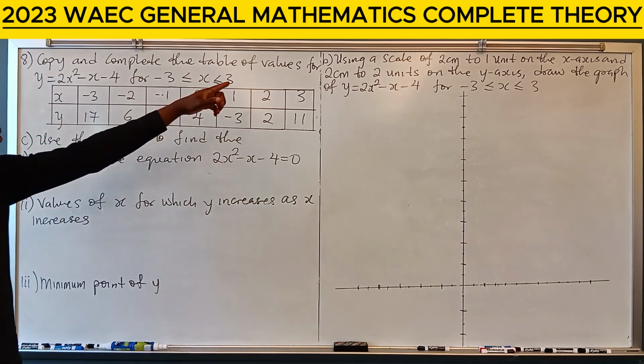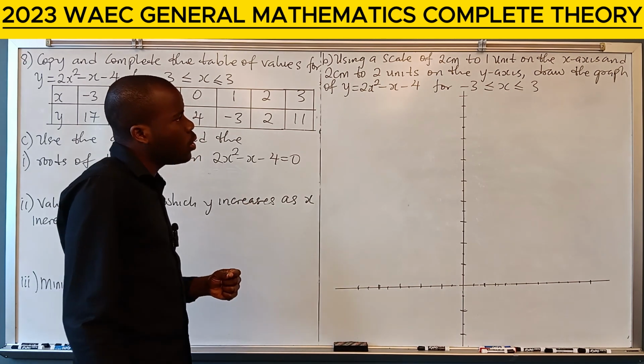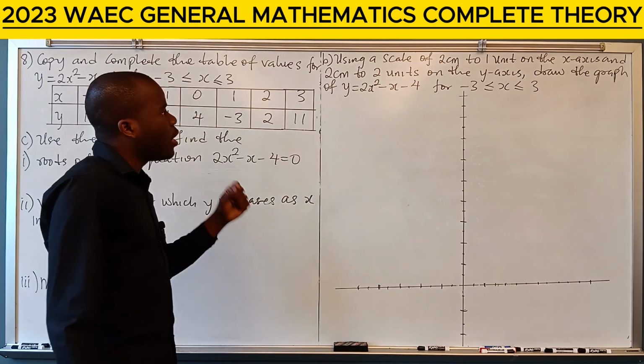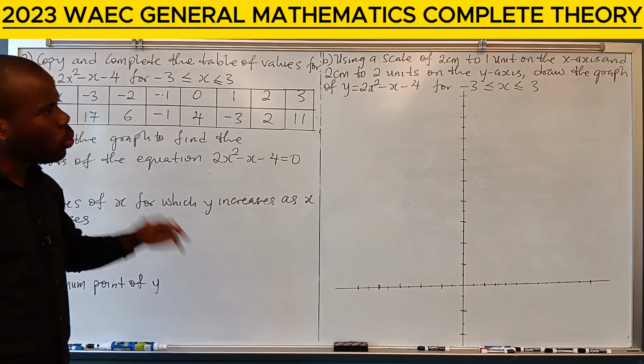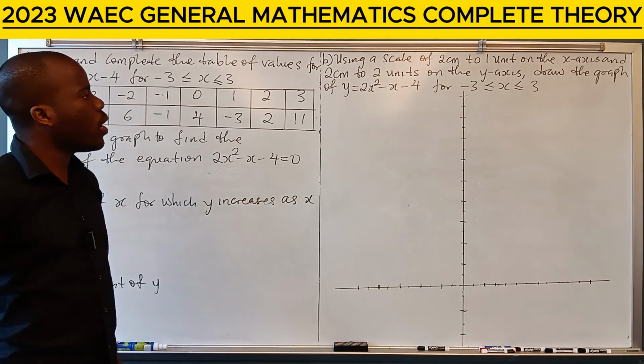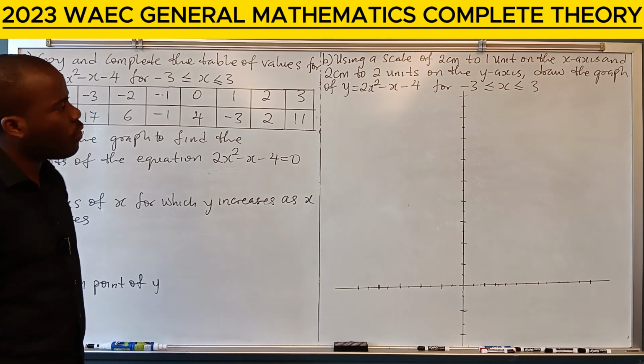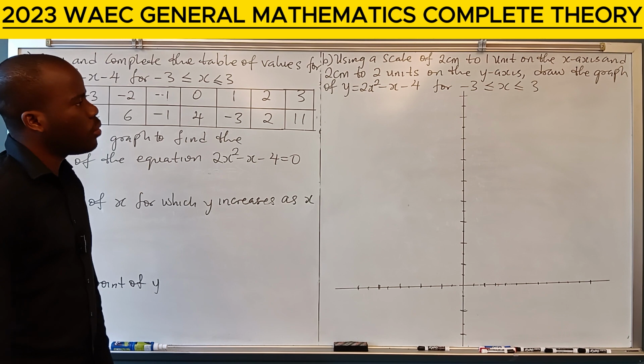Then the second question says, using a scale of 2 cm to 1 unit on the x-axis and 2 cm to 2 units on the y-axis, draw the graph of y equals 2x squared minus x minus 4 for the range of values of x from minus 3 to 3.